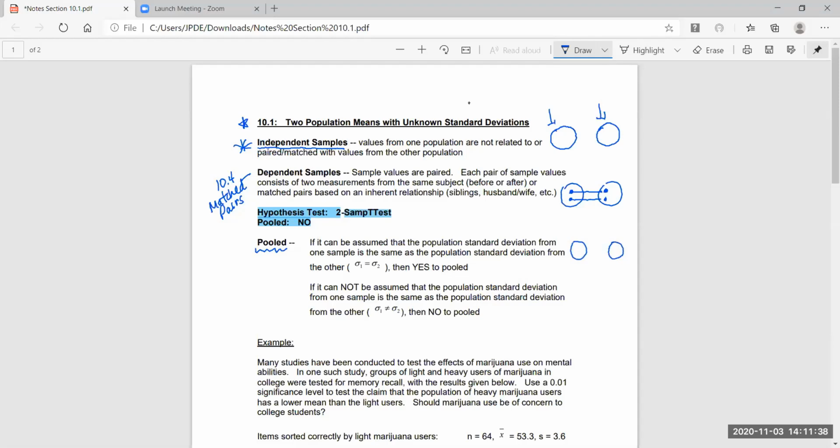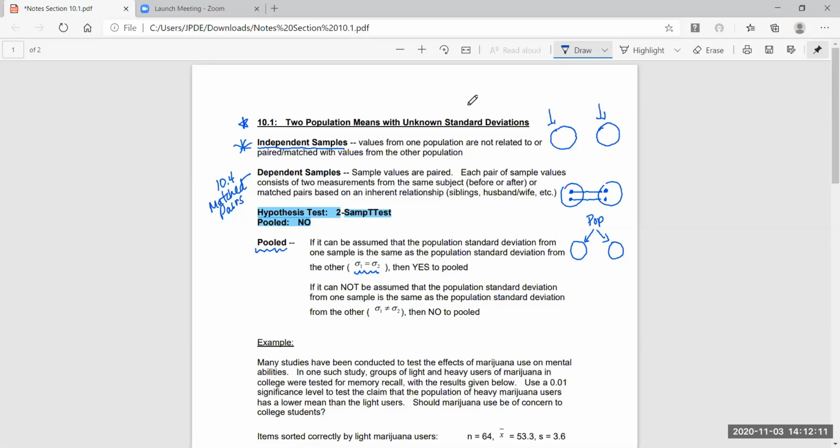And if you can assume that the two population standard deviations are the same, then you would say yes to pooled. So it's almost the idea that these two samples are pretty much coming from the same population. And you would be assuming that the population standard deviation from one sample is the same as the population standard deviation of the other sample.